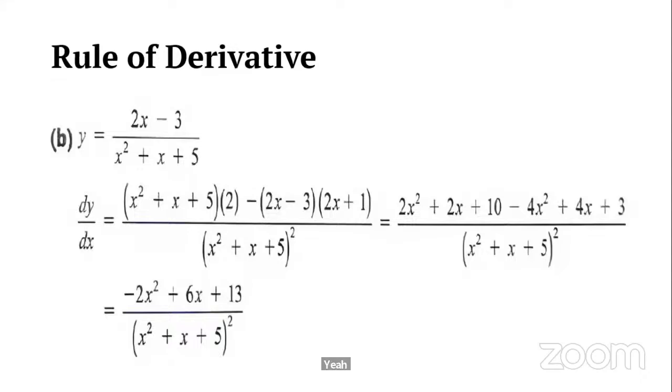Okay, so the first step will be x, bracket open, x squared plus x plus 5, bracket close, another bracket open, 2x minus 3, prime, minus 2x minus 3, bracket open, x squared plus x plus 5, prime, all divided by x squared plus x plus 5 squared. Okay. You get your plus 5.